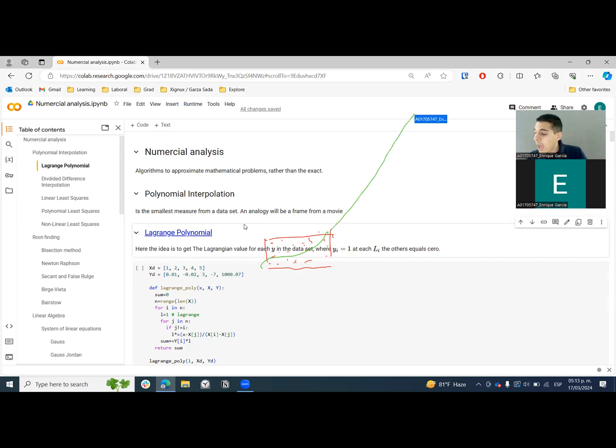It is just for you to notice that there could be a different way of getting it.